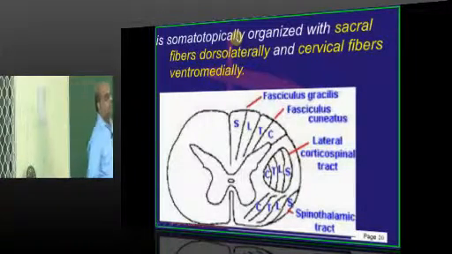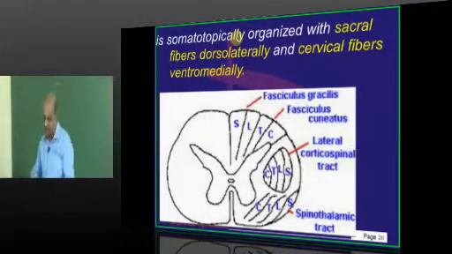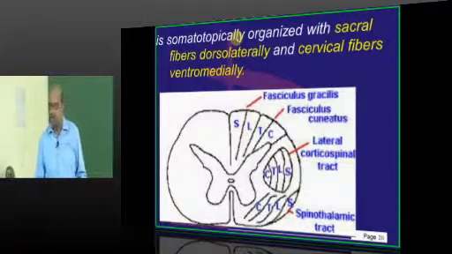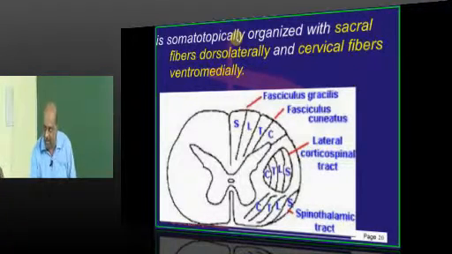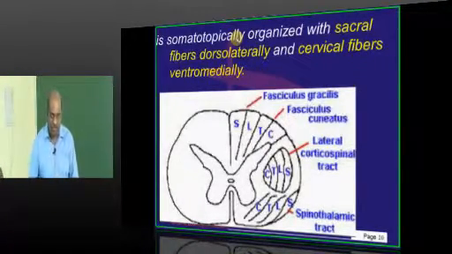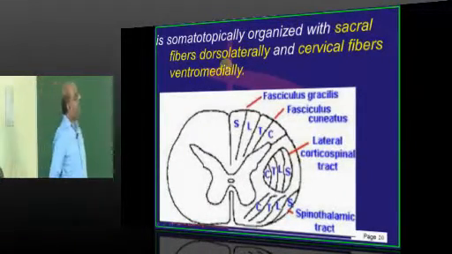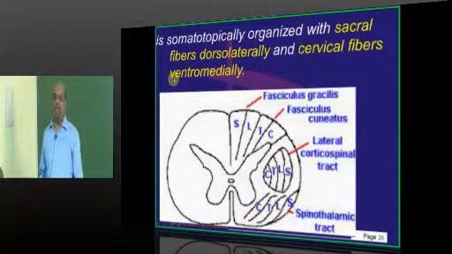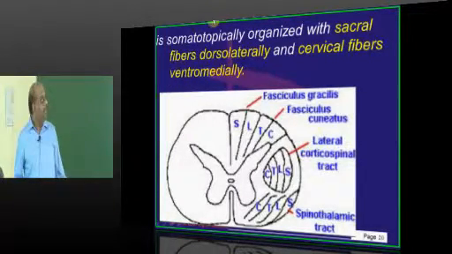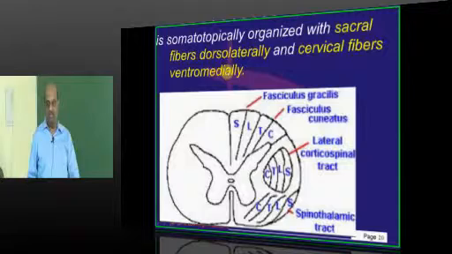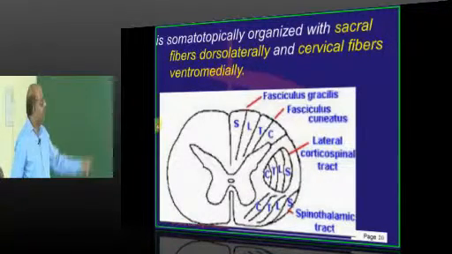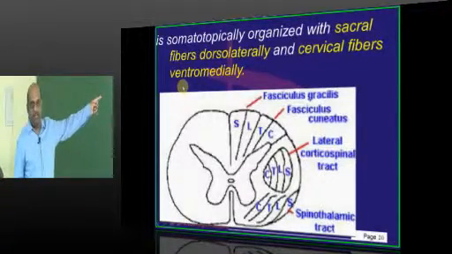And how is their somatotopic organization? Once this spinothalamic tract fibers enter into the spinal cord, how are they organized? The pain in the sacrum is located more laterally. The pain coming from the neck, cervical area, is located more medially.